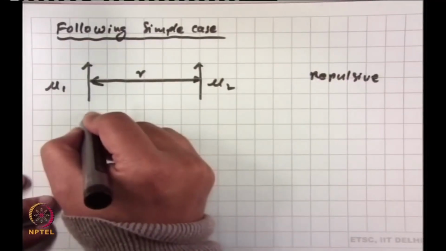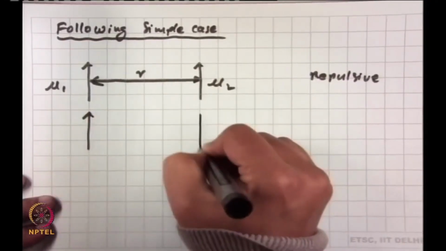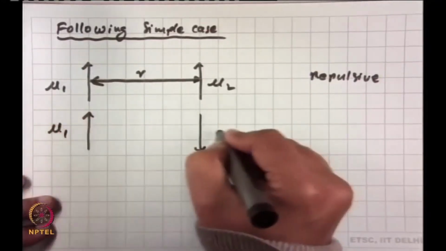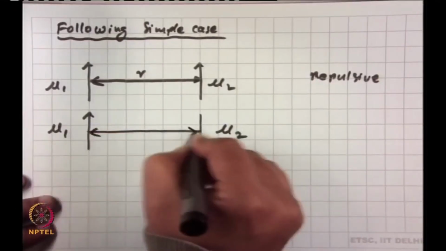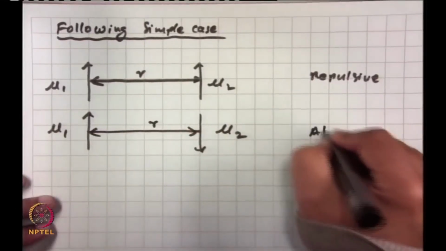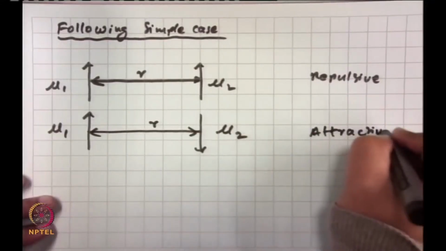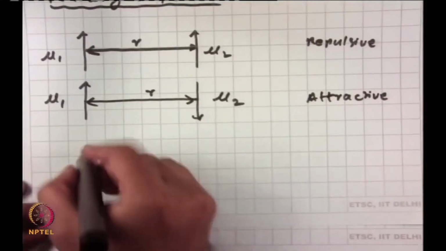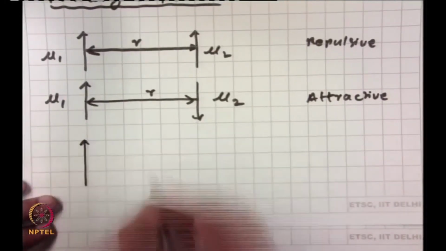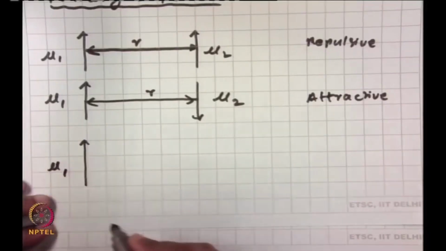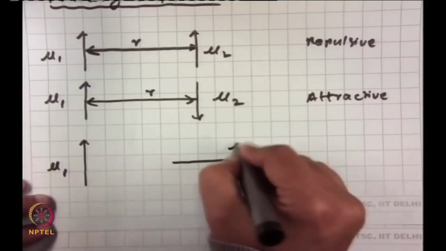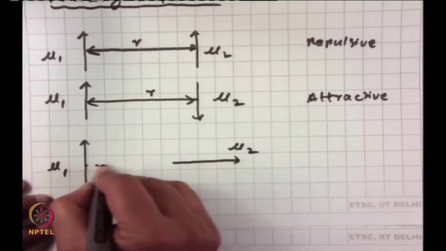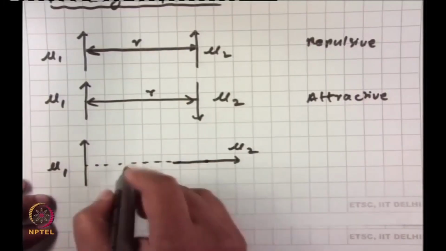The next one I can have is something like this, mu1, mu2, again separated by distance r. This is attractive. I can have another orientation like this, which is one dipole mu1, and then another dipole mu2, and again the distance to the center is r.